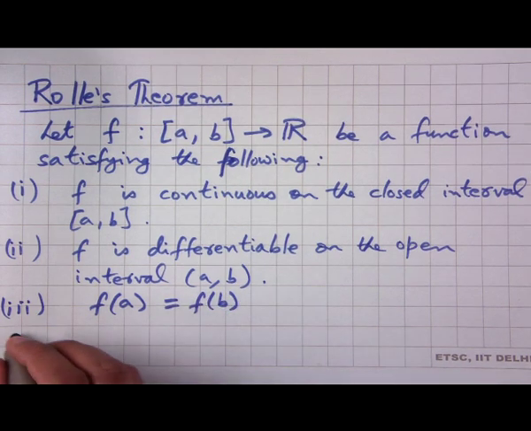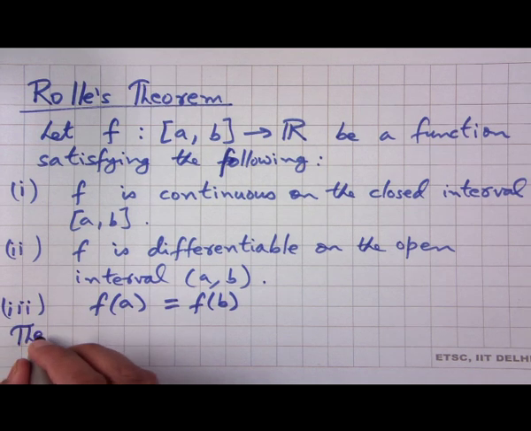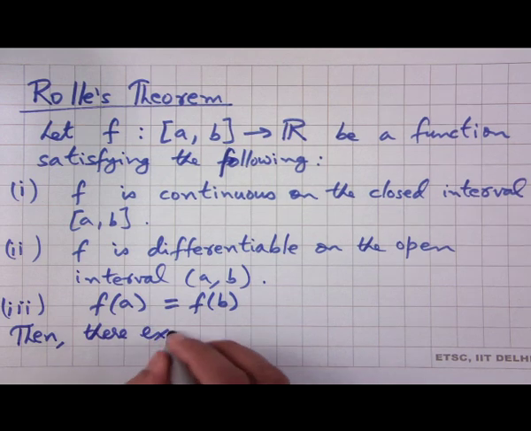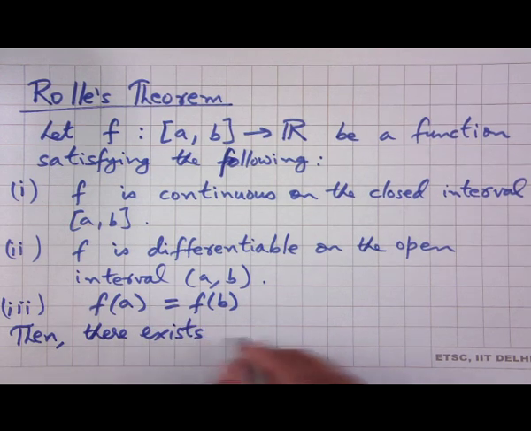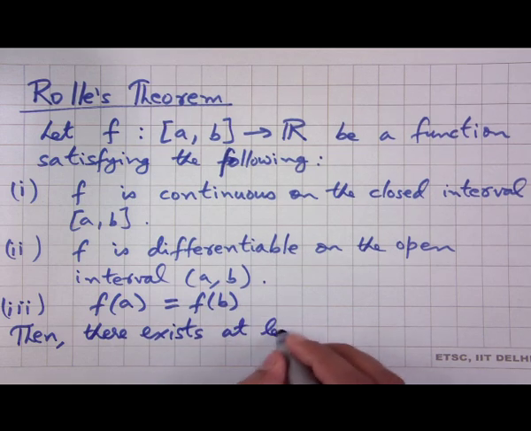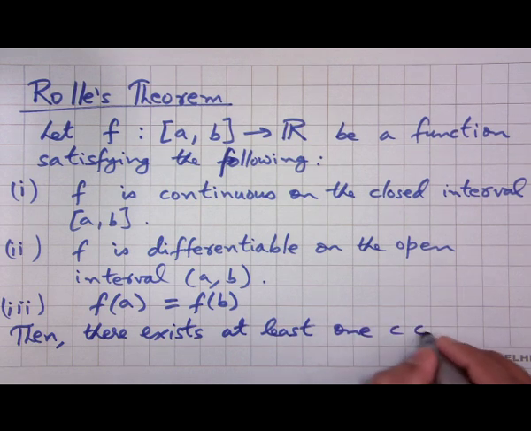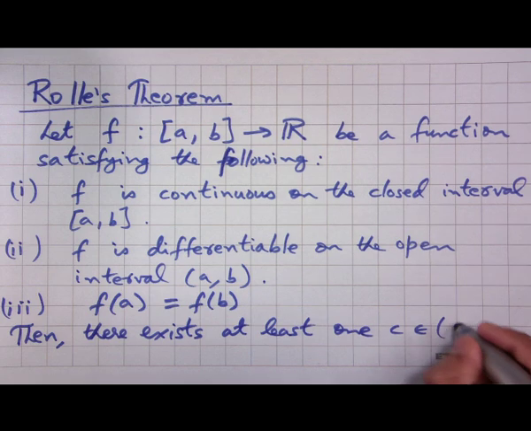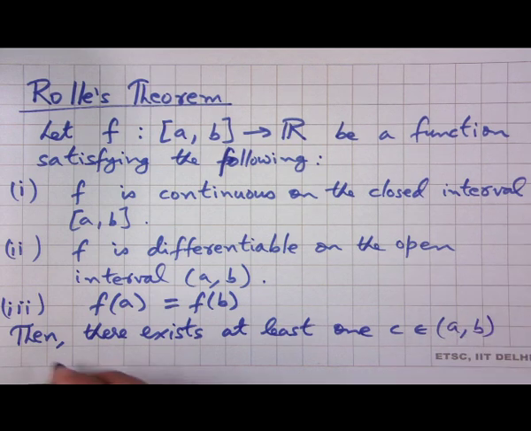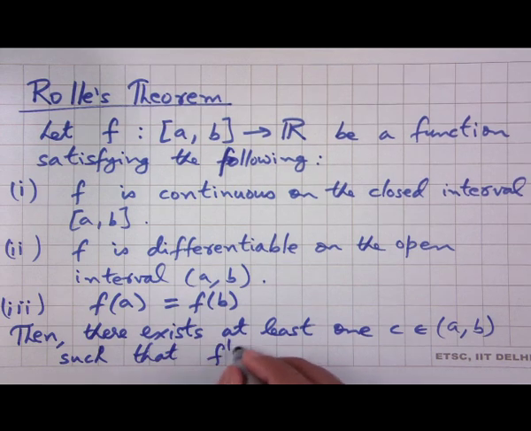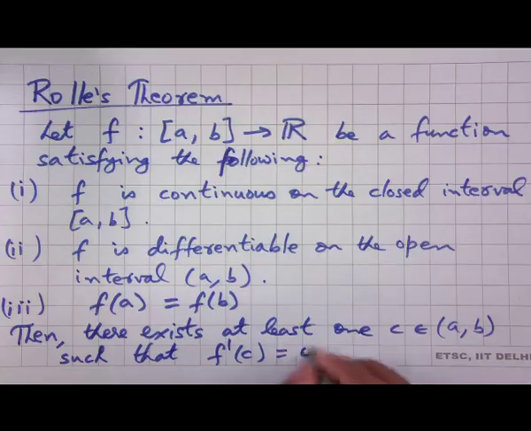And then the conclusion is that there exists at least one c in the open interval (a, b) such that the derivative f prime at c is equal to 0.